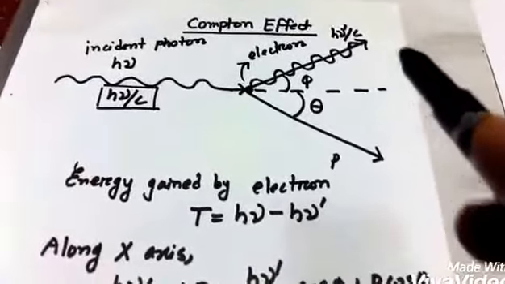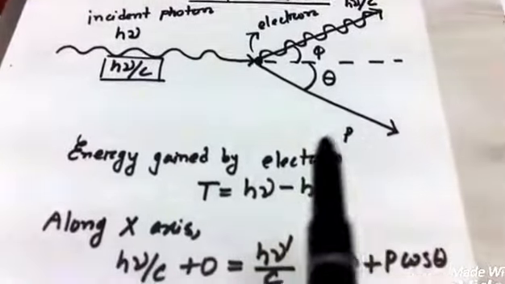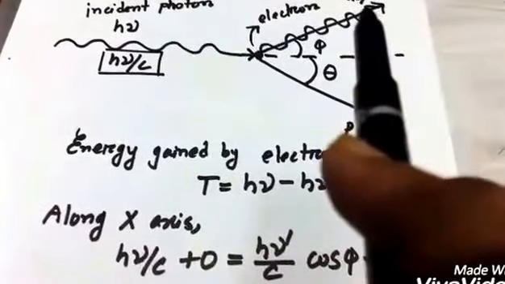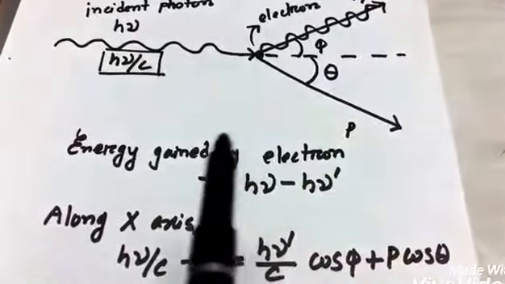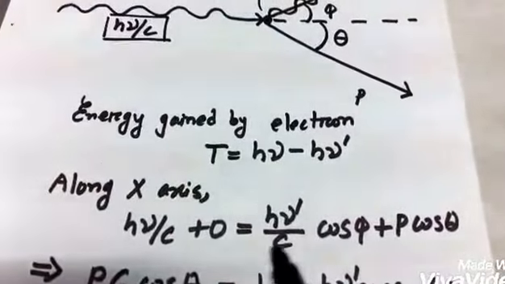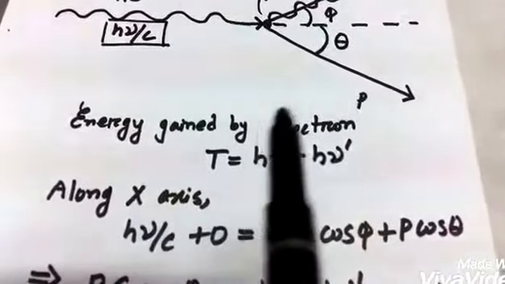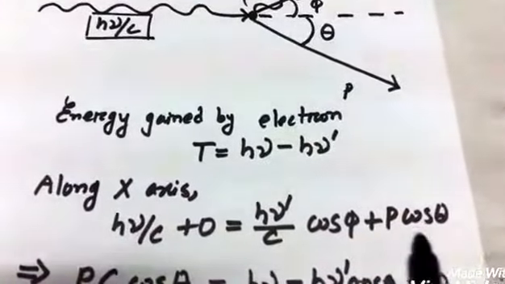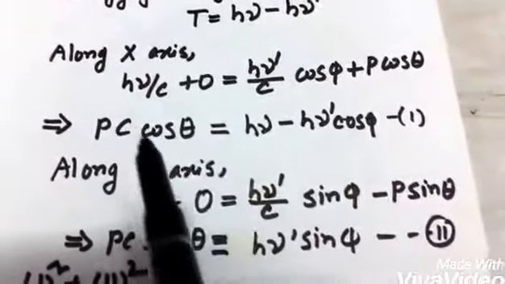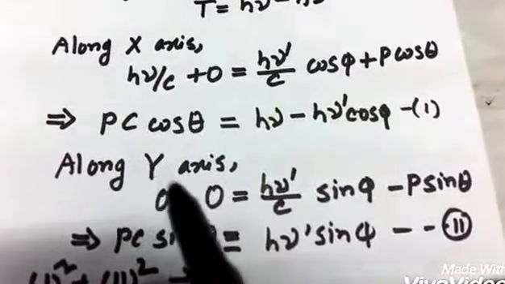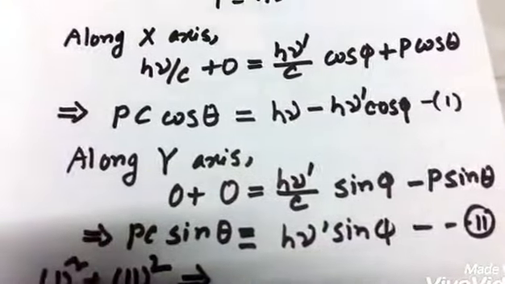Then taking components along the x-axis, the final momentum of the photon will be h nu prime by c cos phi, and the final momentum of the electron along the x-axis will be p cos theta. From that we get the equation pc cos theta equals h nu minus h nu prime cos phi. This is our equation number 1.